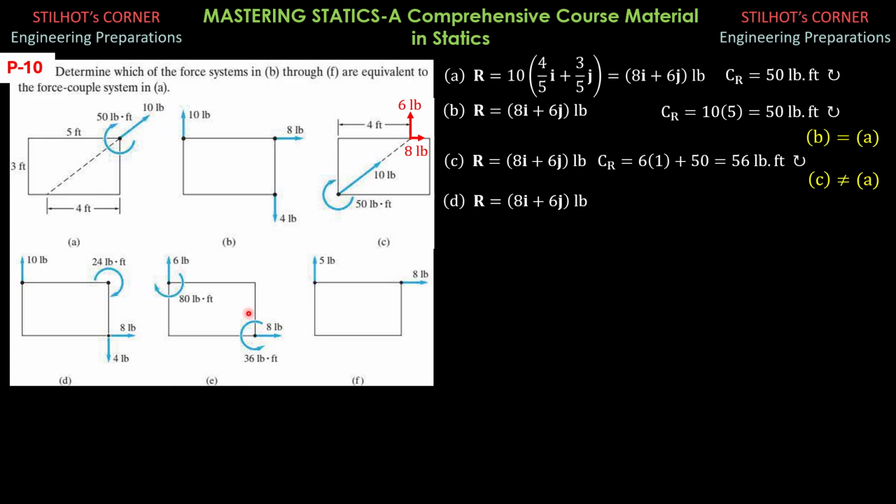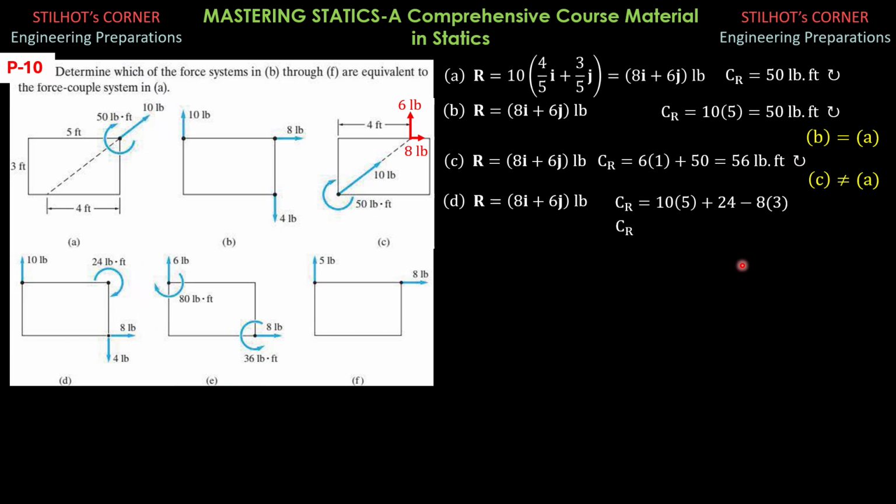And the resultant couple is C sub R equal to 10 times 5 clockwise, plus 24, then minus 8 times 3.